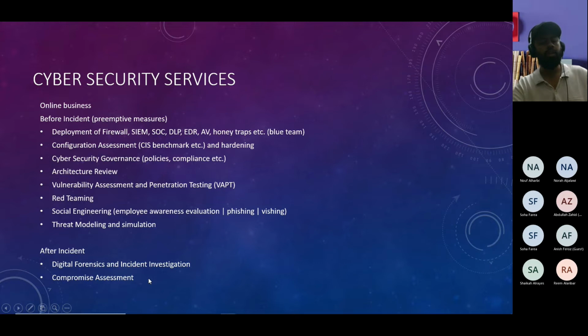There are small differences between the services, but since the presentation is all about VAPT, just to give an idea, these are the services you can follow after an incident. So up till this point, I have created an imagination in your mind about cybersecurity services and which stage of your business life cycle each service applies to.